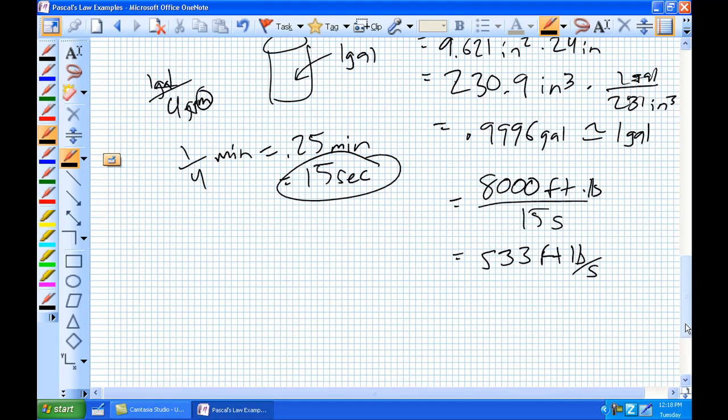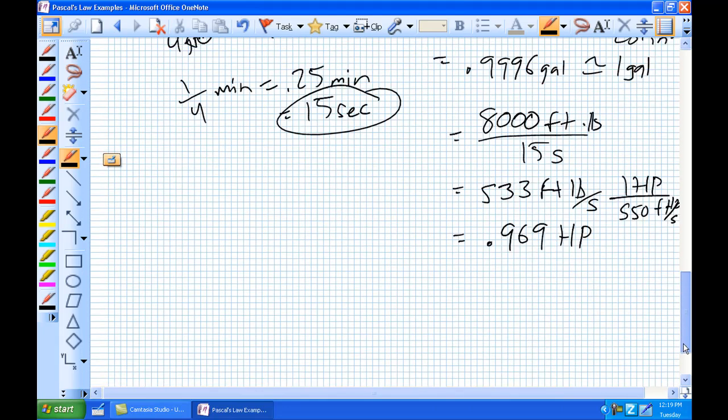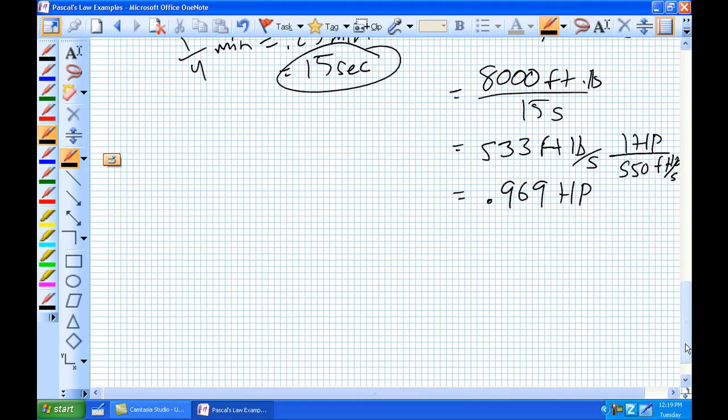What's that in horsepower? If 1 horsepower is equal to 550 foot-pounds per second, that's roughly 0.969 horsepower.